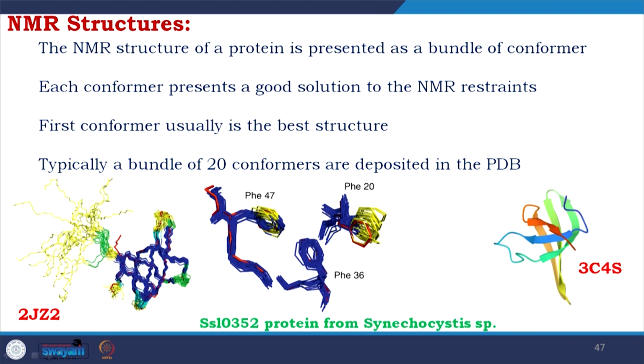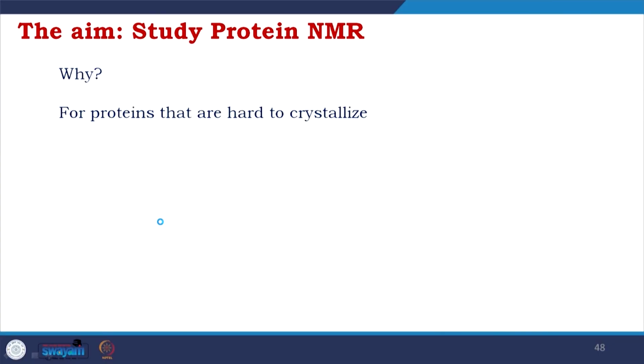So, we started from a 0 concept in the periodic table, finding out an NMR active nuclei and then came to depositing in the PDB. That was the journey. So, why do we study protein NMR, why is it important? In the initial days people used to think that we are studying NMR for proteins that are hard to crystallize, which was definitely true, which is true today also, but what has changed?